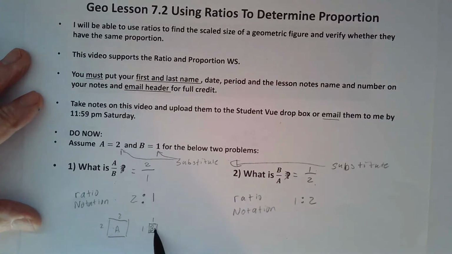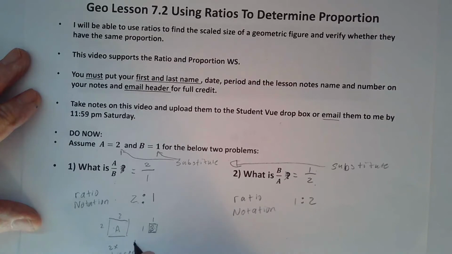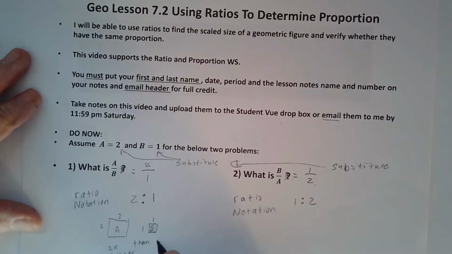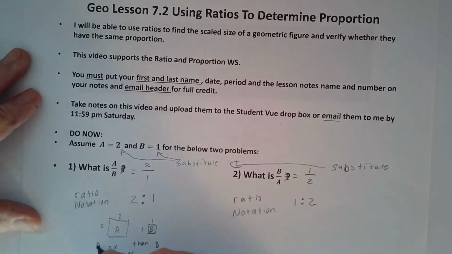So 2 to 1 tells you that A is 2 times bigger than B. Okay? So A is 2 times bigger than B.